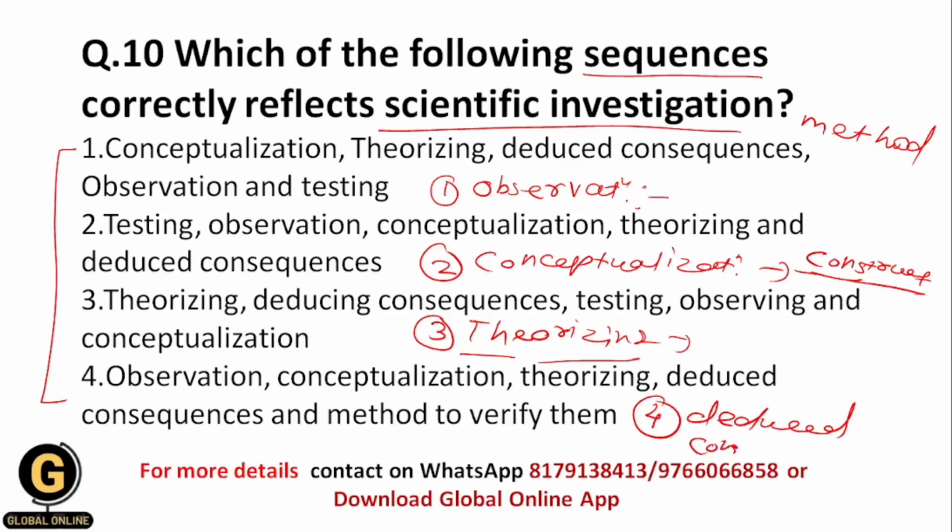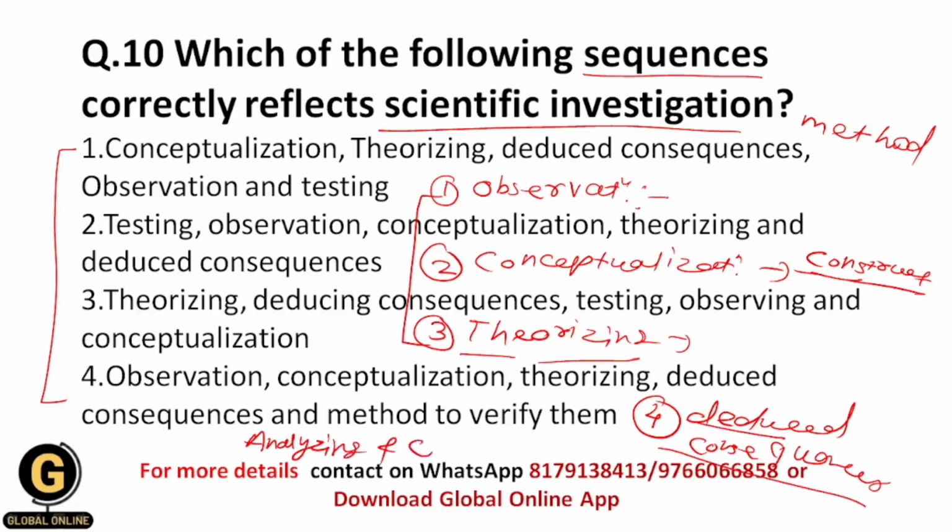Based on these three steps we have our data, so now we analyze that data and find the conclusion from it. This is deduced consequences. And the last step is verification. Whatever we have analyzed, we have to verify our solution. That is the verification part.